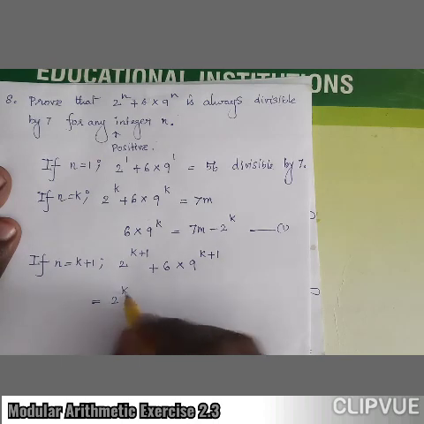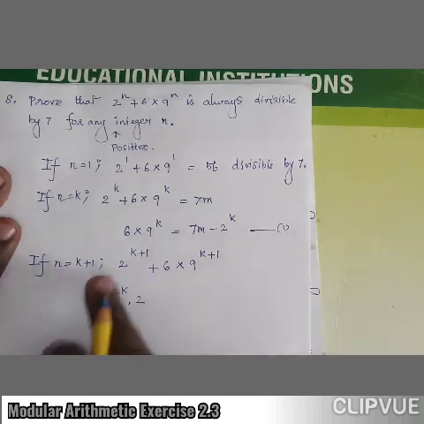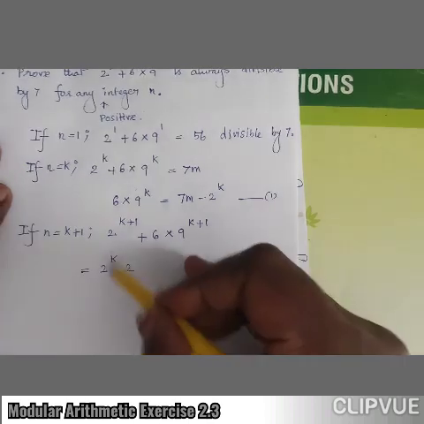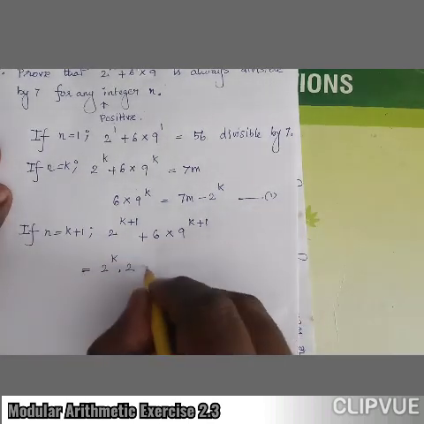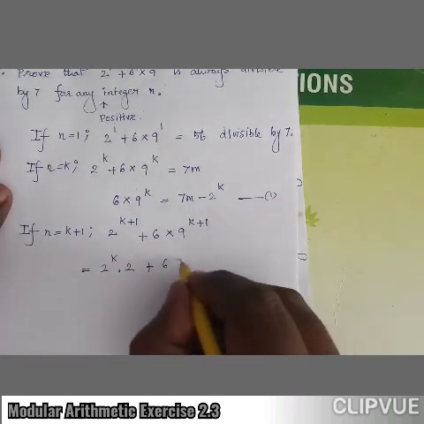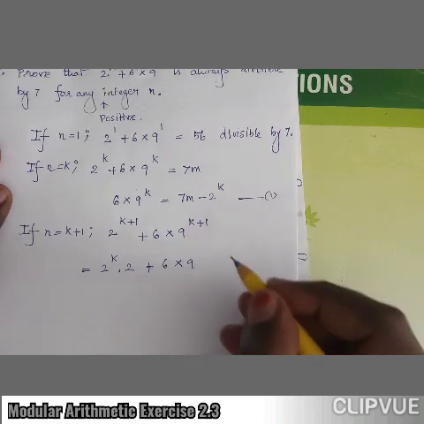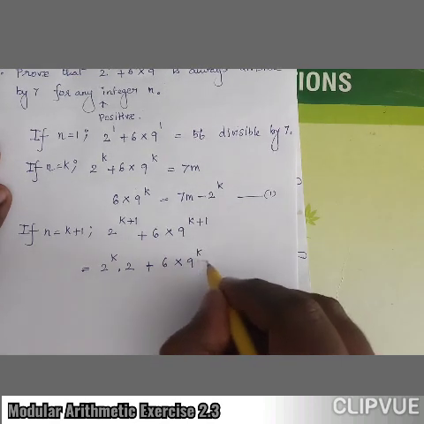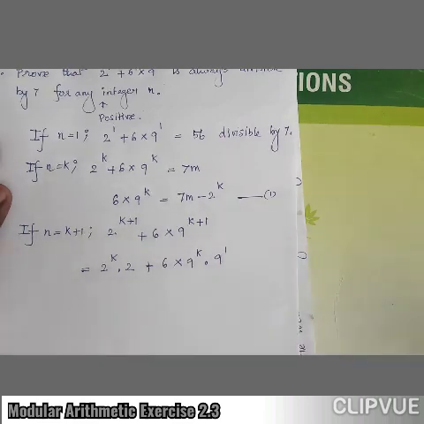This 2 power k plus 1 can be written as 2 power k into 2, plus 6 into 9 power k into 9 power 1.